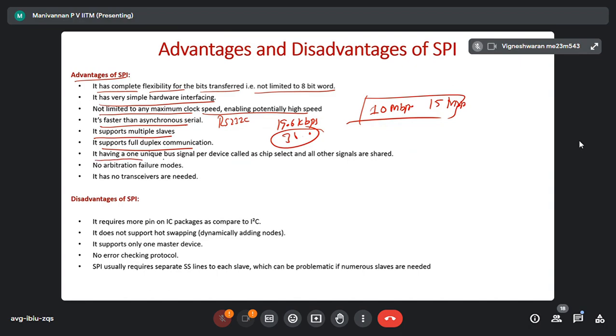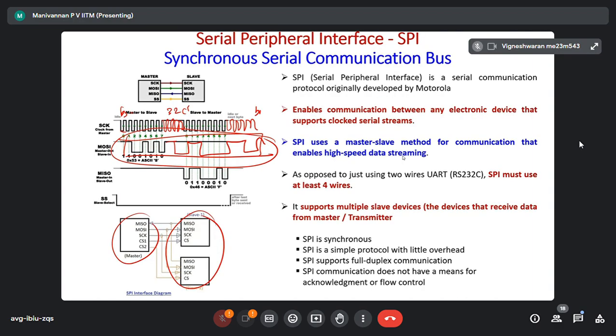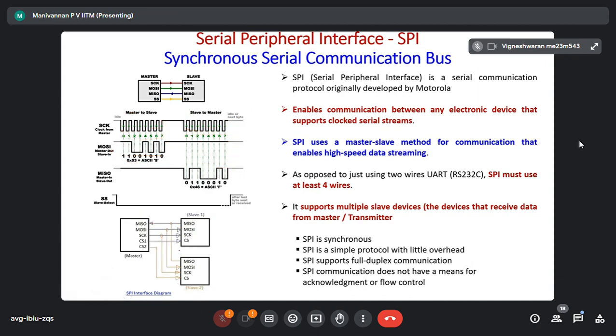It is having one unique bus signal per device called a chip select, so that any slave can be selected. Correct? If we have 2 slaves, we saw that we have 2 slaves here. Right? So by making this pin equal to 1, which is 5 volts, and making this pin equal to 0, nothing but 0 volts, this device is disabled.